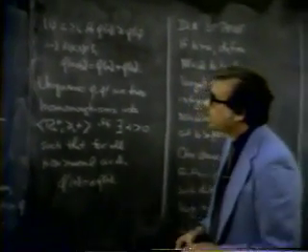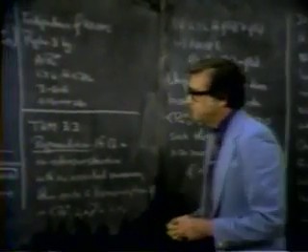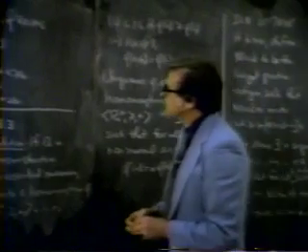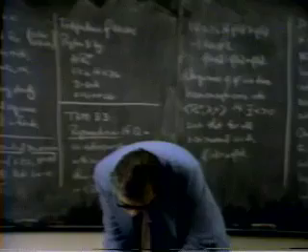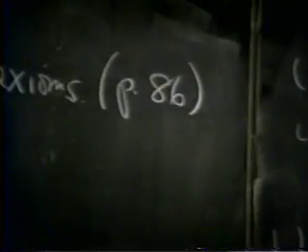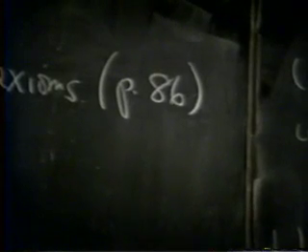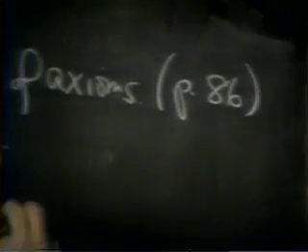Now, once again, you can ask the question, are the axioms independent? And that's discussed on page 86. And once again, a small error has been made in those examples, and the third one should be replaced by this example.